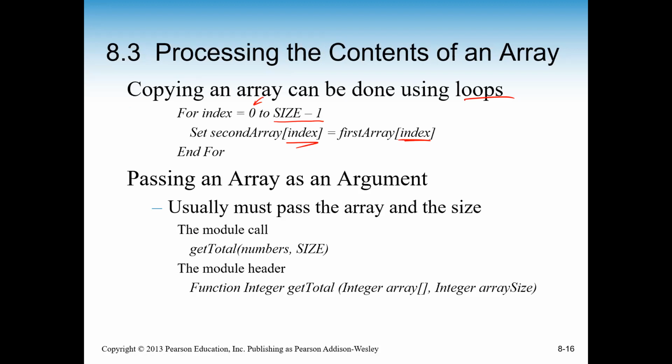The module call, get total for instance, takes the array, which is called numbers in this case. You can always just calculate the size. And then we have the module header over here. The definition of it is function integer get total, and then we have an integer array, and an integer for the array size.